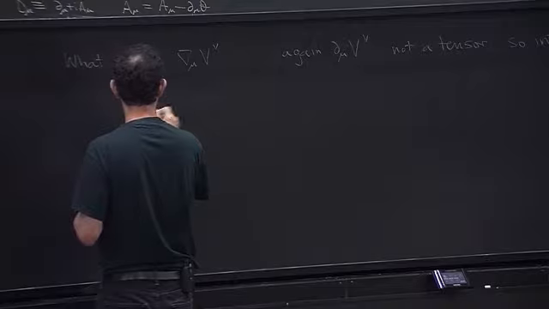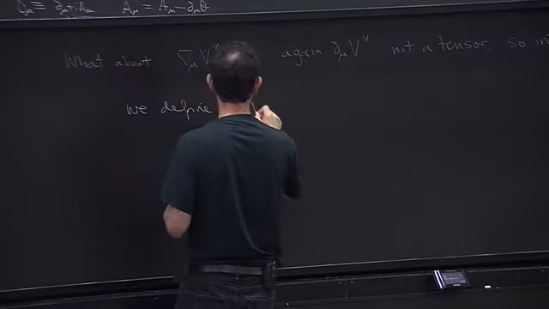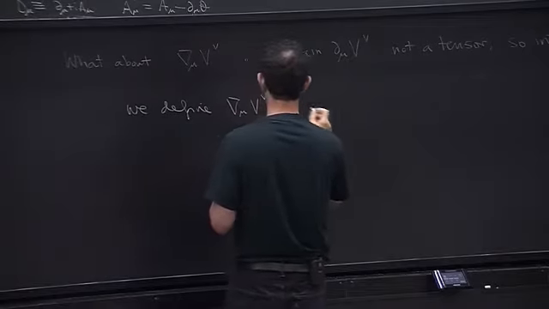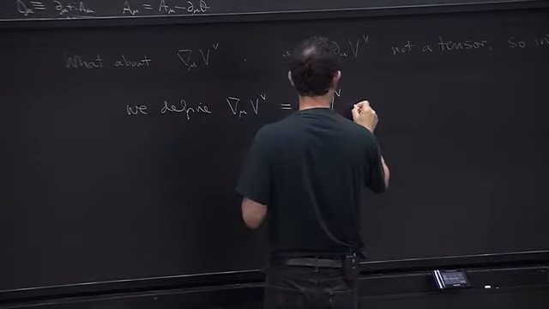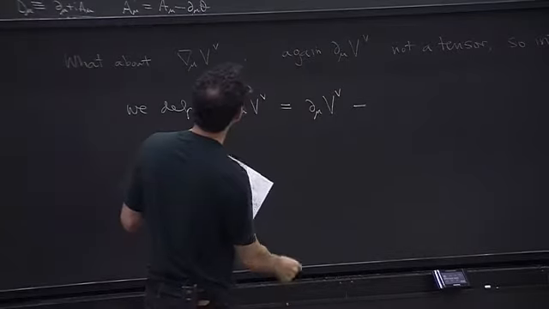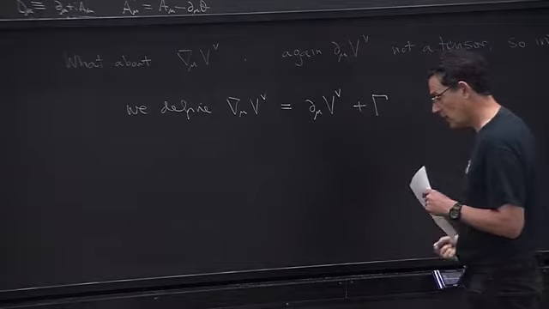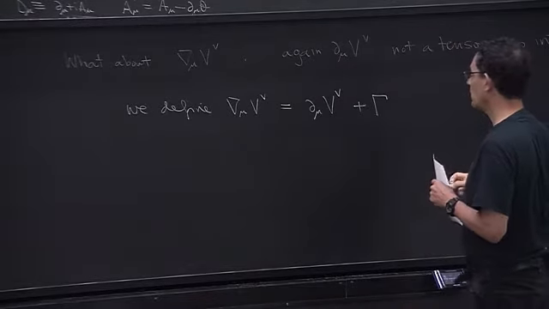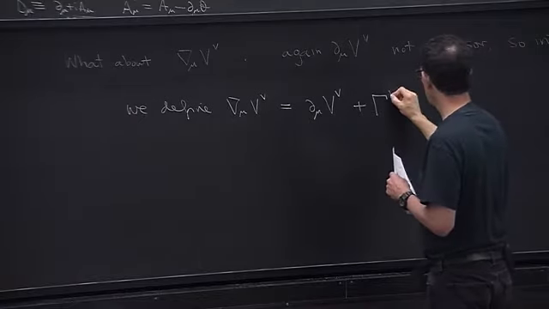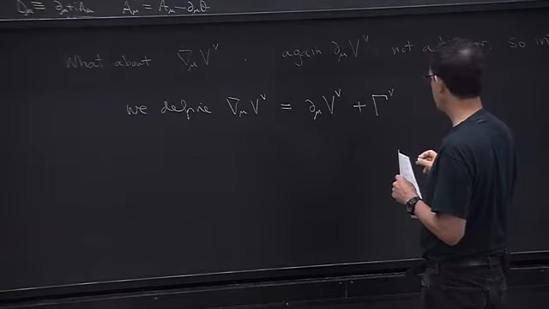So we define ∇_μ V^ν to be equal to ∂_μ V^ν, and this time you have to put a plus, Γ. Turns out the same gamma does the job of correcting. You don't need a new gamma. And you line up the indices in a slightly different way.